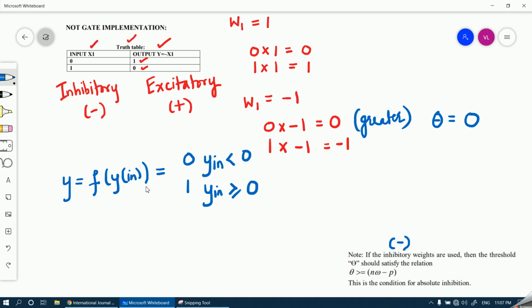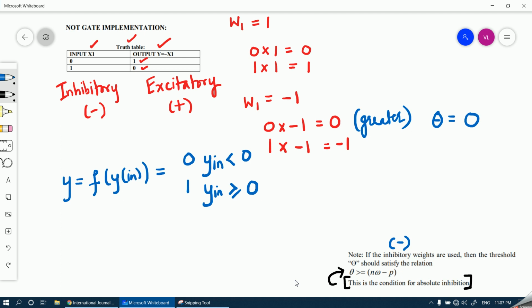An important point to note over here is that this is the condition for absolute inhibition. So, NOT gate implementation provides us the condition of absolute inhibition, that is theta greater than or equal to nw minus p, where n is the number of inputs, w represents the number of excitatory weights, and p represents the number of inhibitory weights.